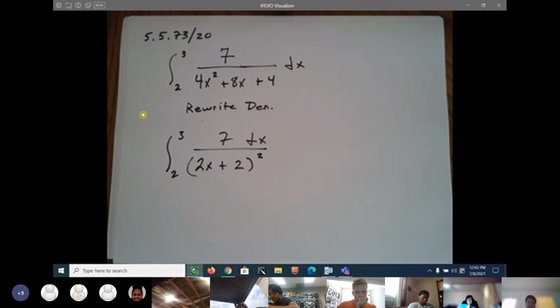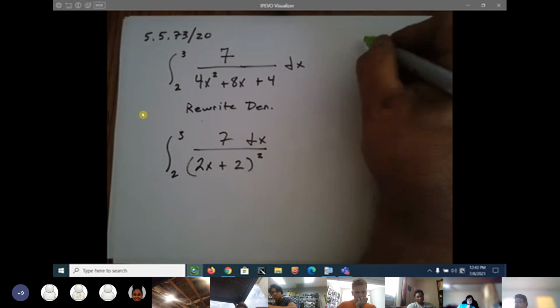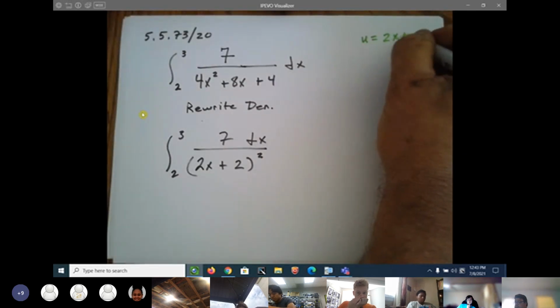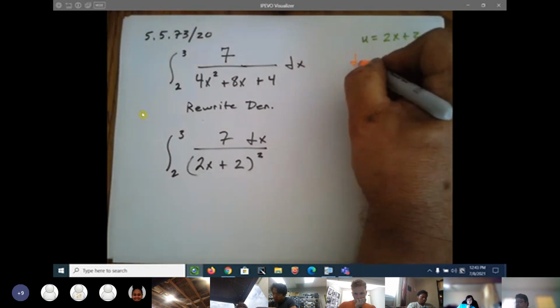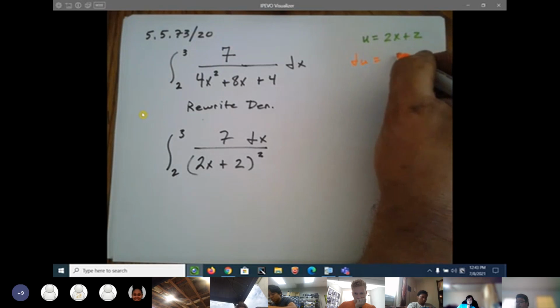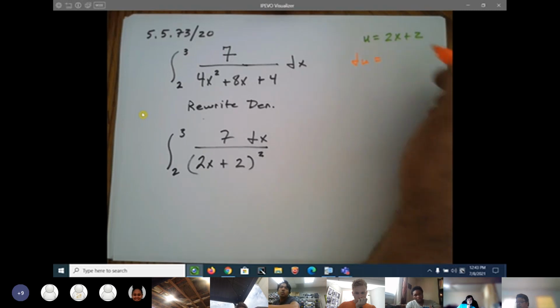So somebody tell me what u is going to equal. 2x. Therefore, du is going to equal what? What's the derivative of 2x? 2.